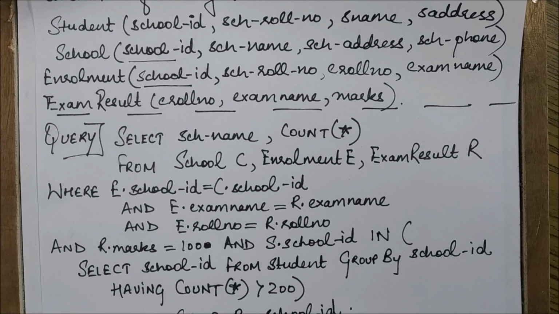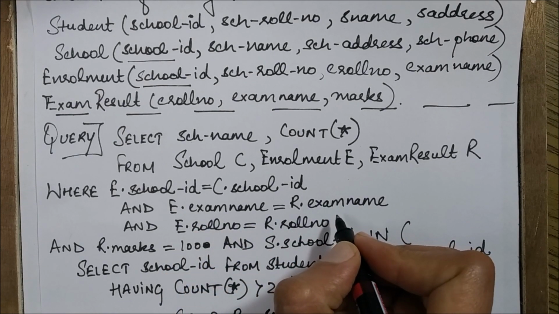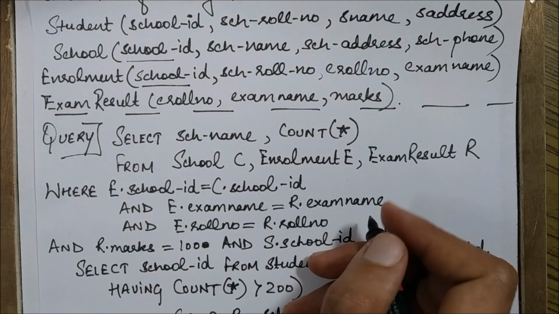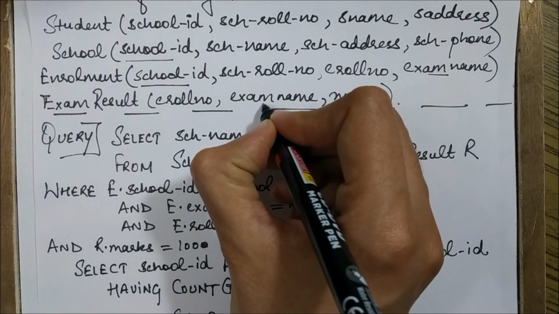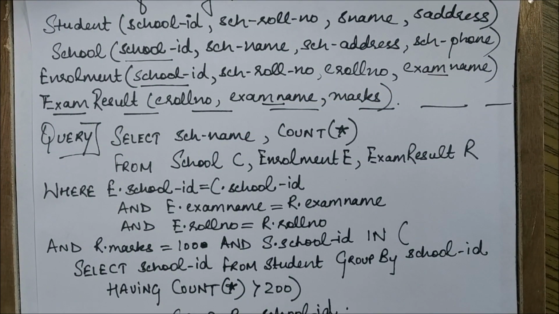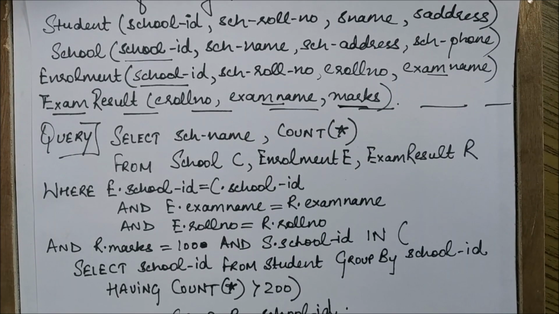And then next, what does this say? They say that e.exam_name equals r.exam_name. So the exam name should be the same. So the exam should be the same over here, for which we are taking the marks to be 100. So basically all the tuples where r is equal to 100, and we have joined these three tables.